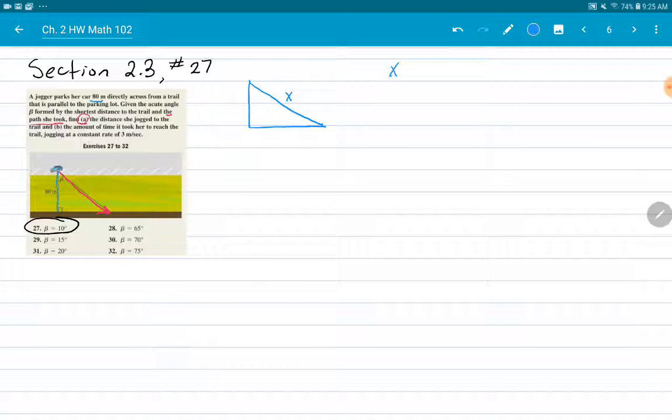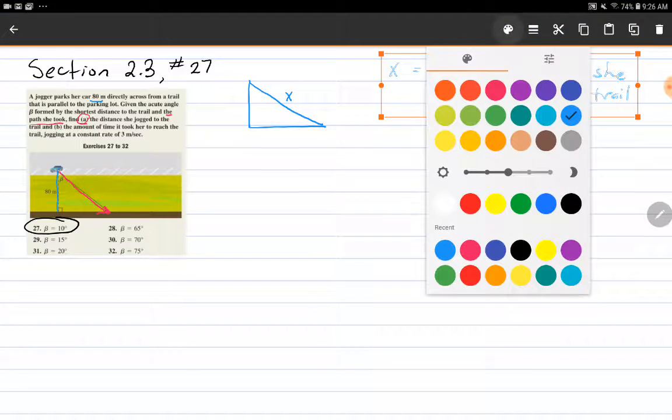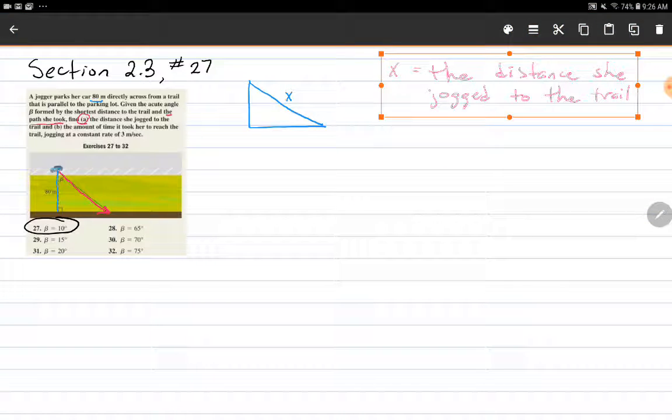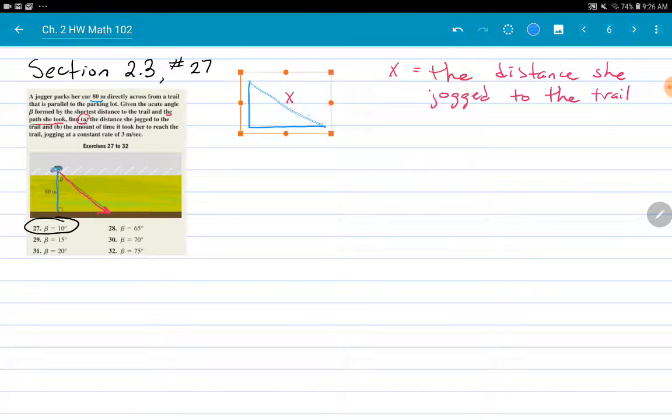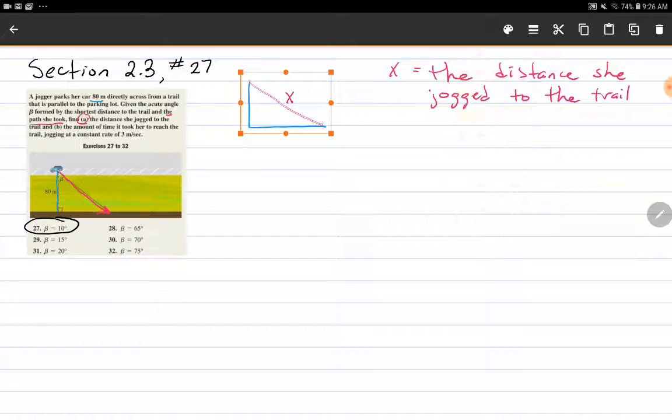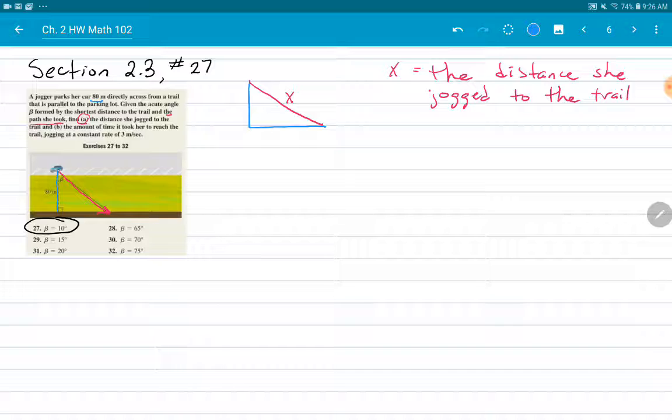I'm going to start that again. x equals the distance she jogged to the trail. And that's the red line. So let me put this as red to link that up. Okay, so that's the distance she jogged.